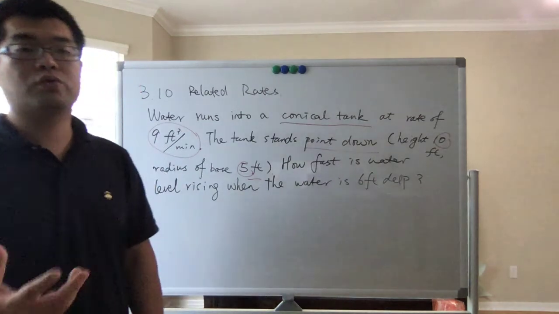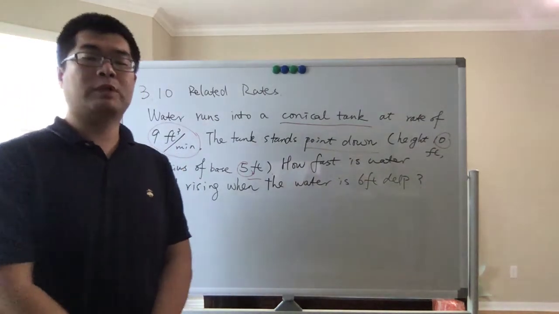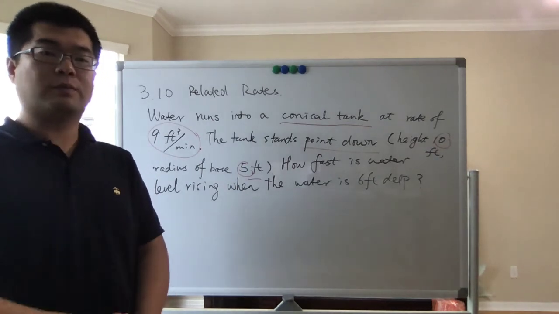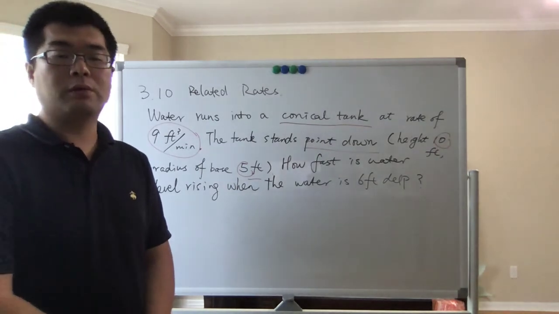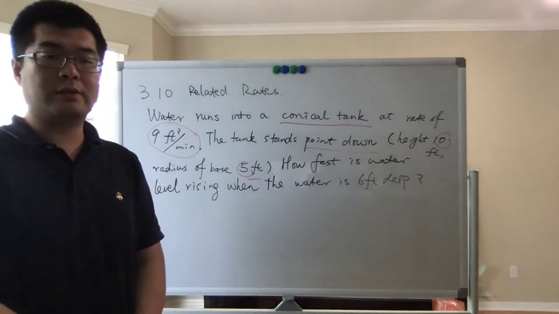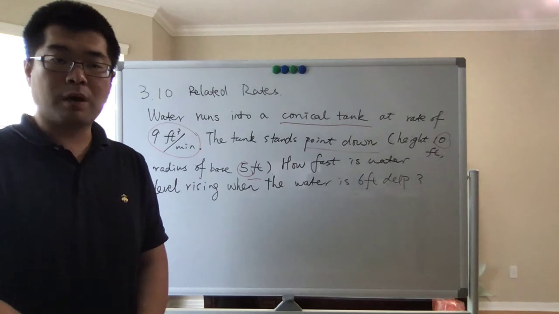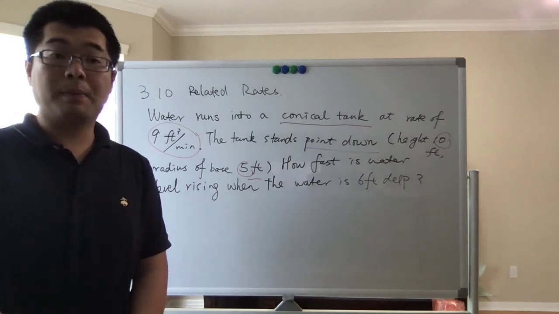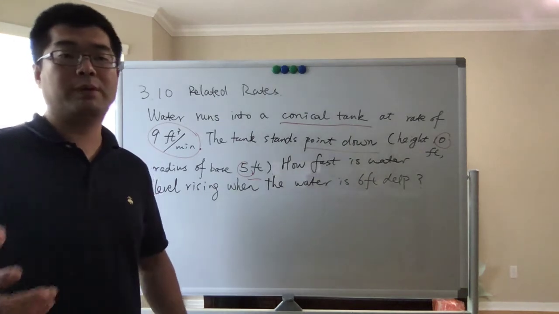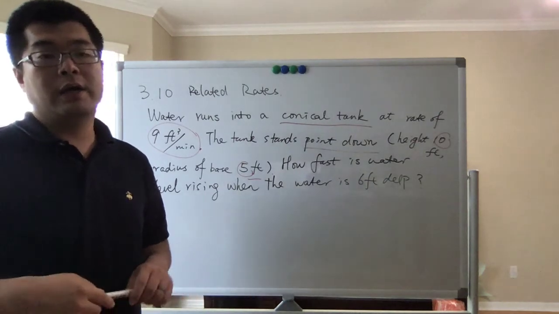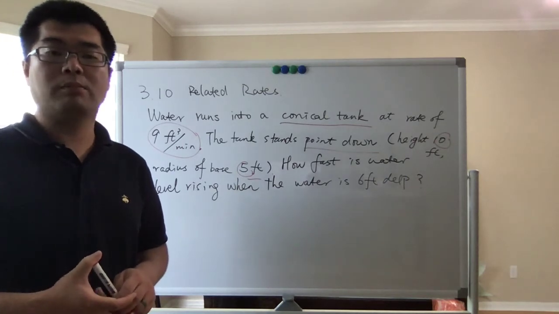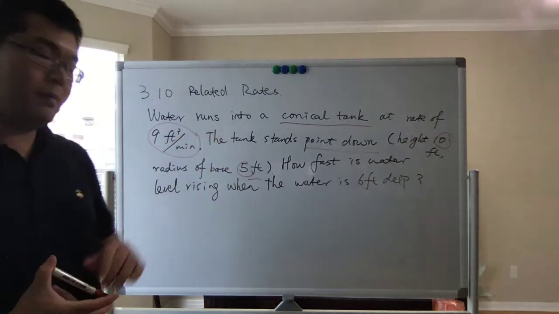Drawing a picture works very well not only for related rates problems, but also in chapter 4, the optimization problems, which are also application problems. In that section, you will see that if you can draw a picture, it will be very, very beneficial for solving the problem.